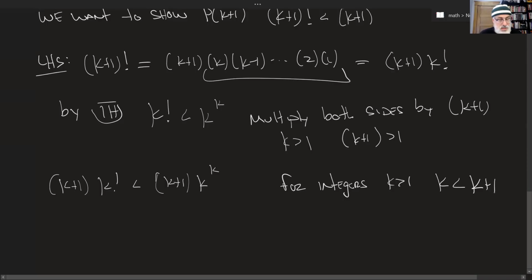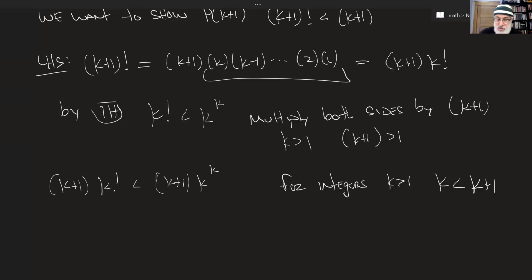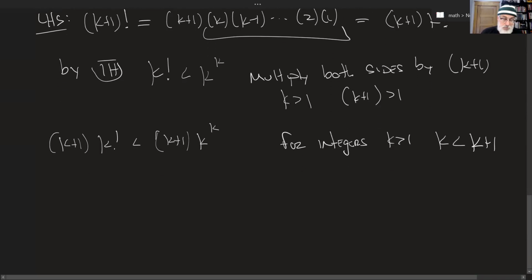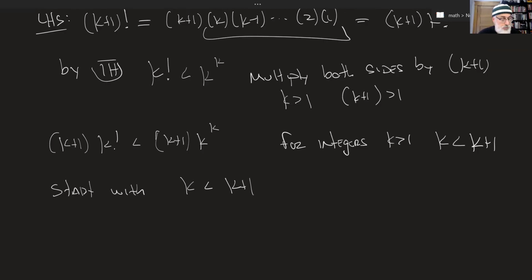So k is less than k plus 1 is true. Now you can check this, right? 1 is less than 2, 2 is less than 3. So what I'm going to do is start with k is less than k plus 1. And this is true, obviously, for k greater than 1.